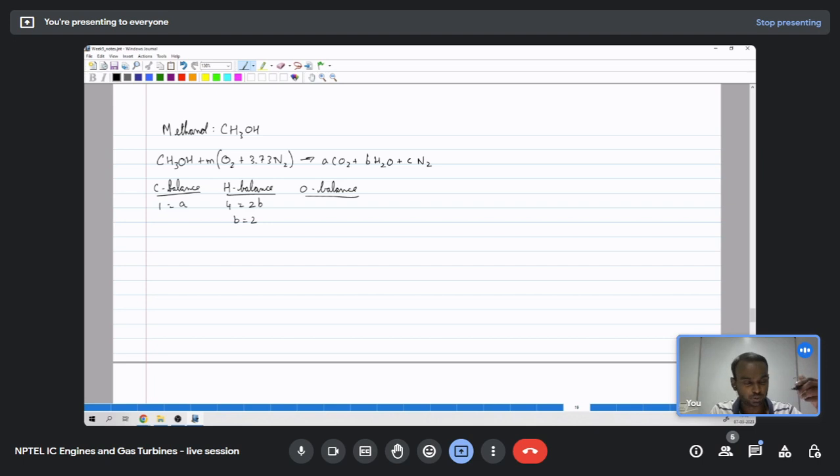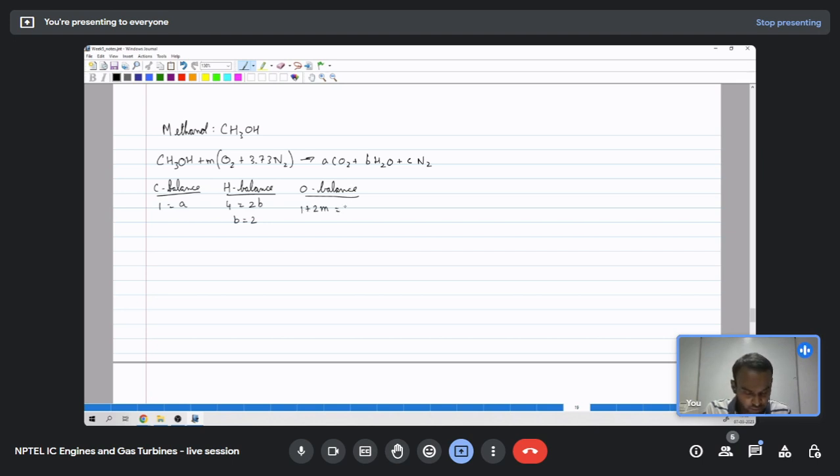And because of this, in diesel engines, you will have less soot emissions because of these oxygenated fuels.